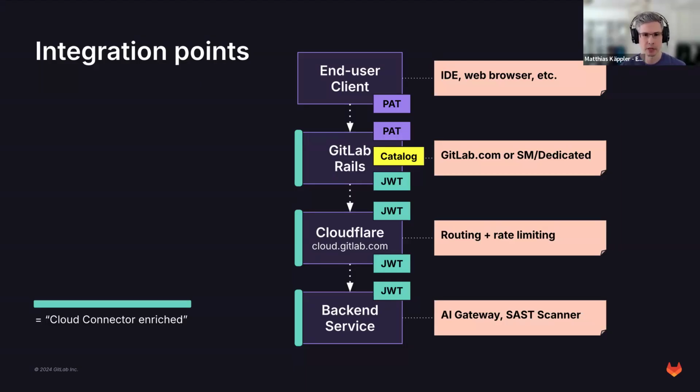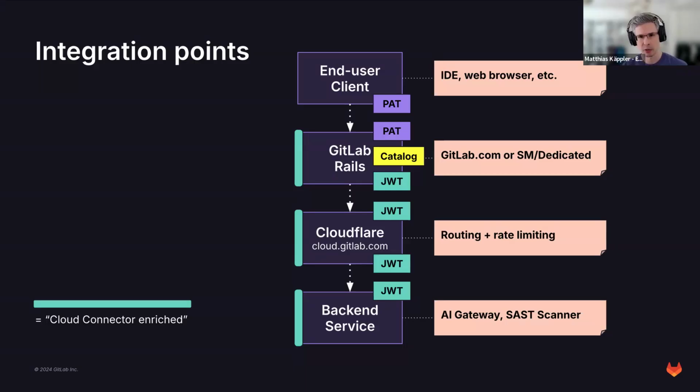We route them through a specific Cloudflare zone, which is cloud.gitlab.com. It's a proxy, basically. The reason we do this is it greatly simplifies setup logic for the customer, so they don't have to maintain allow lists for a bunch of different backends that they might want to use. This was really important to make good on this promise of convention over configuration, and this should just work.